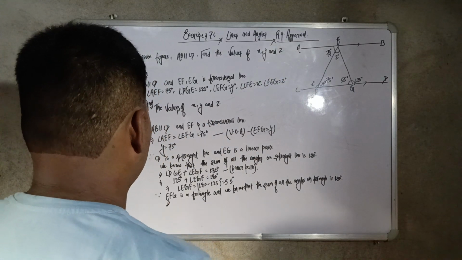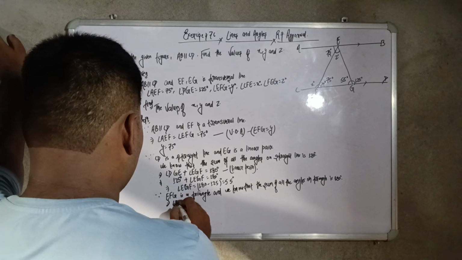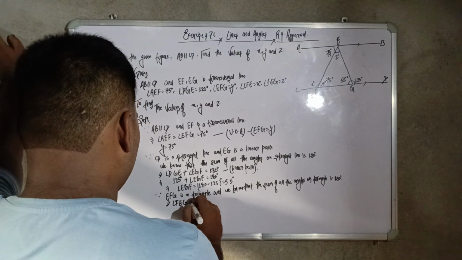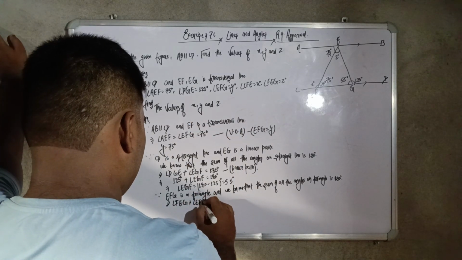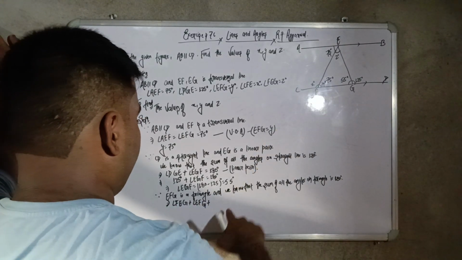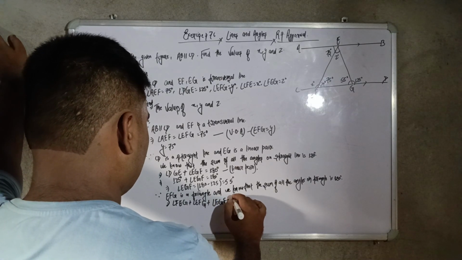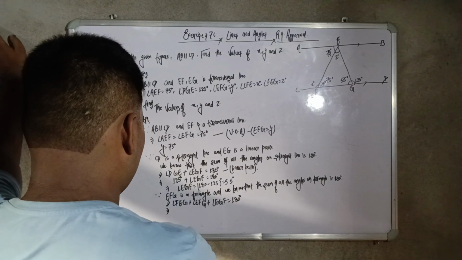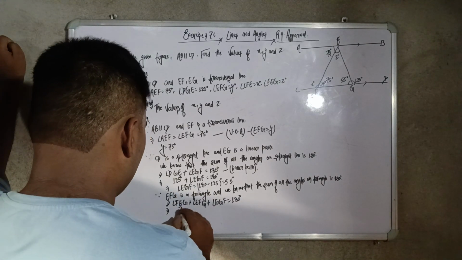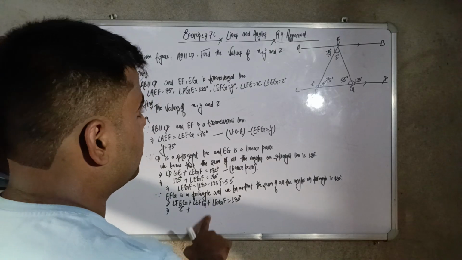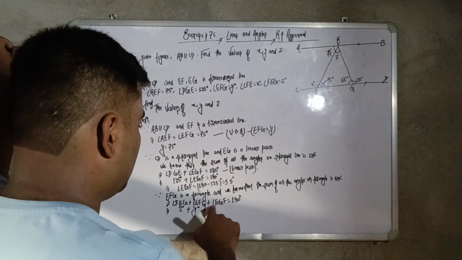So here we have to write: angle FEG plus angle EFG, which is y, plus angle EGF, which is 55, equals 180 degrees.